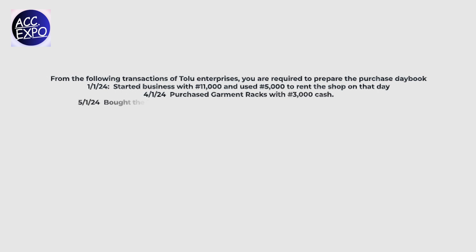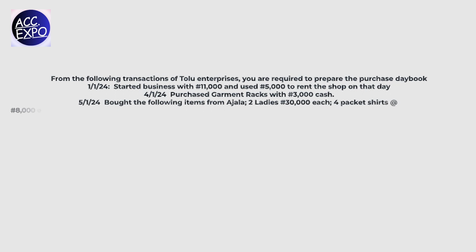Now, on 5th of January, he bought the following items from Ajala on credit basis: 2 ladies wear at 30,000 naira each, 4 pocket shirts at 8,000 naira, followed by 4 children's wear at 3,000 naira each.